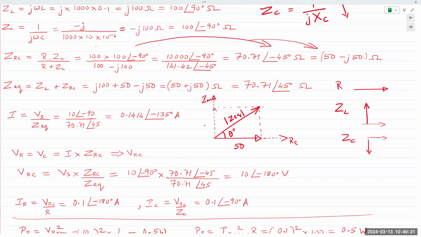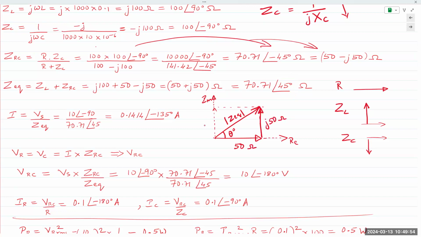The vector bisects the two lines exactly in the middle, 45, and we see that right here. And this is the J50 portion.